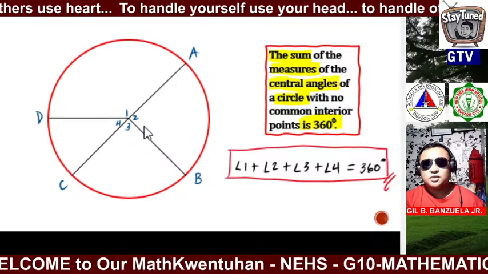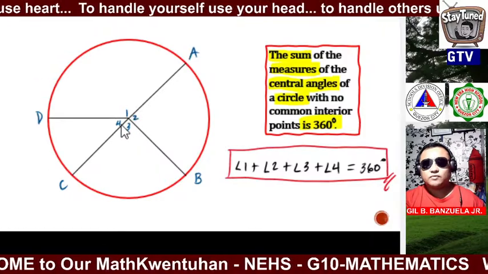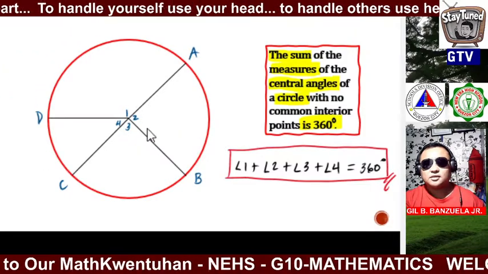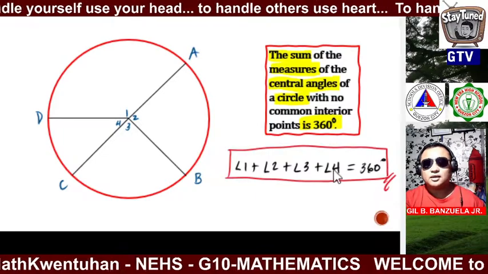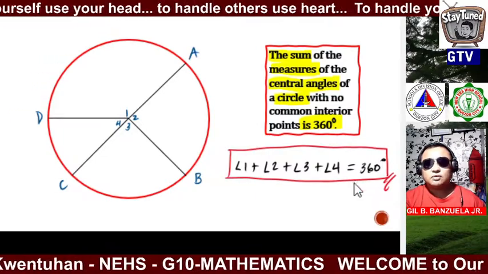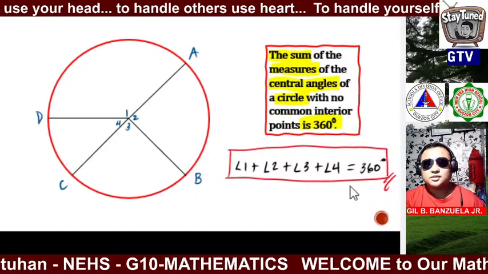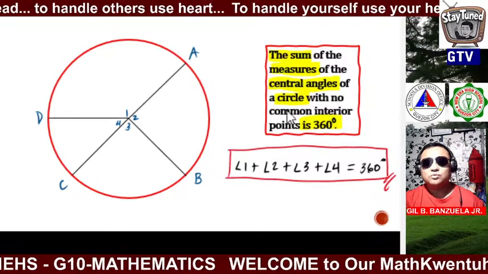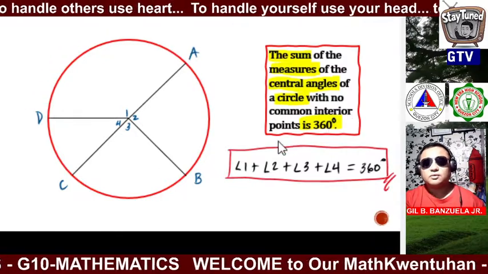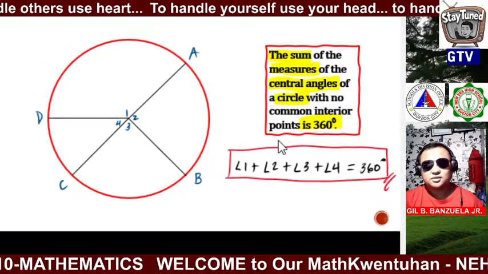So supposing that angle 1, 2, 3, 4 here are central angles, therefore, if we are going to add all these angles, they are equal to 360 degrees. But take note, no common interior points to make it 360.